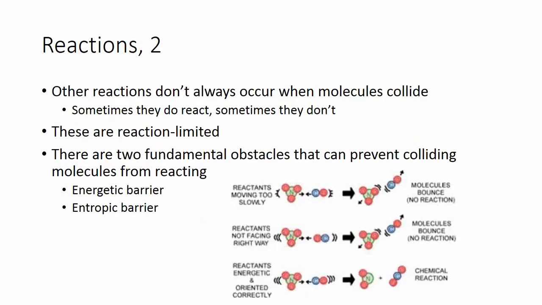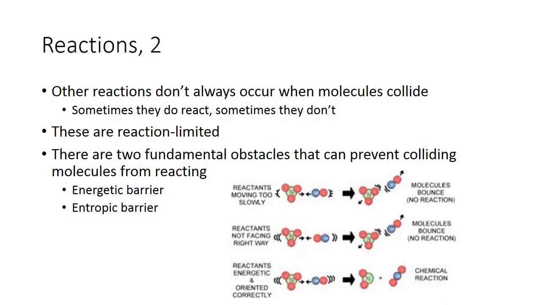But sometimes reactions don't always occur when molecules collide. Sometimes they react, sometimes not. These are known as reaction-limited. And there are two fundamental obstacles that can prevent colliding molecules from actually reacting with each other. One is an energetic barrier, and one is an entropic barrier.